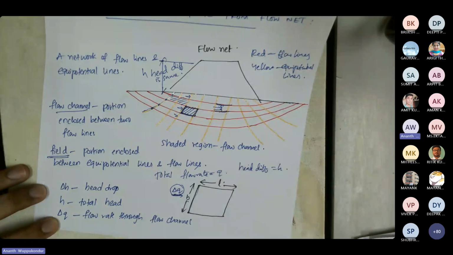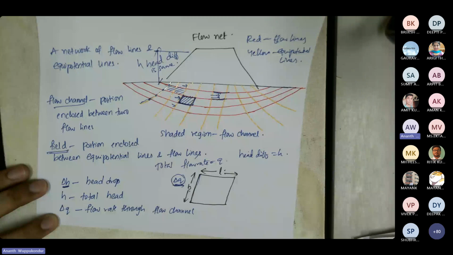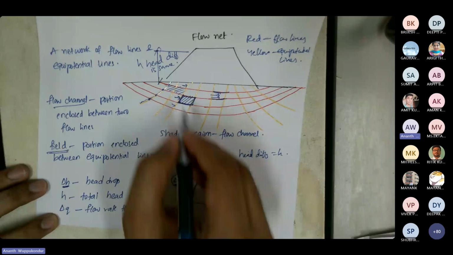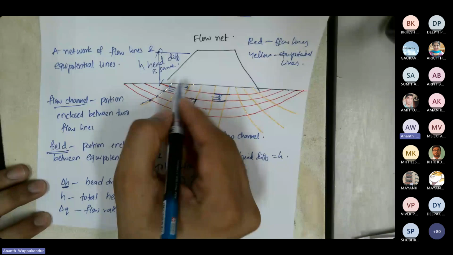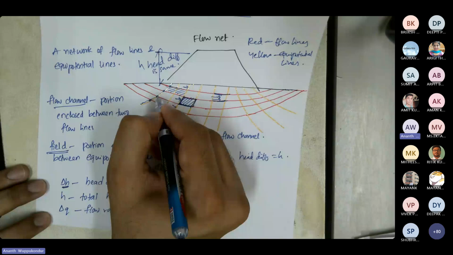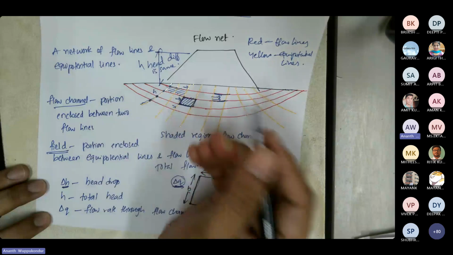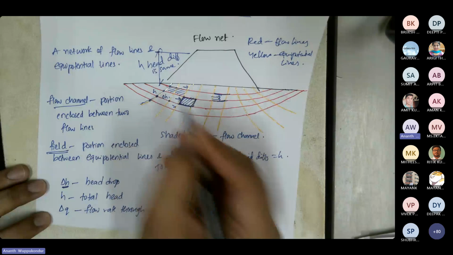But if I consider individual squares, then the head drop would be ΔH. So ΔQ is the flow rate through each flow channel or each square, and ΔH is the head loss or the head drop from one equipotential line to another. So let us say here we have a head H. By the time we come here, we might have lost ΔH. So the head drop is ΔH.